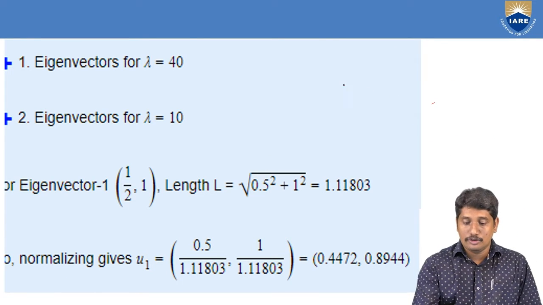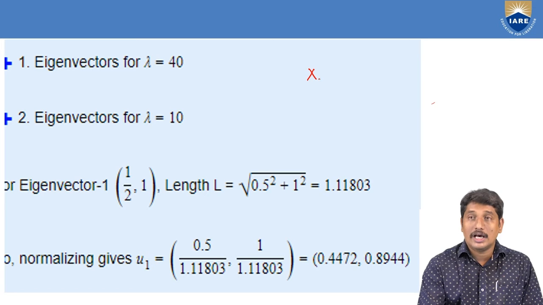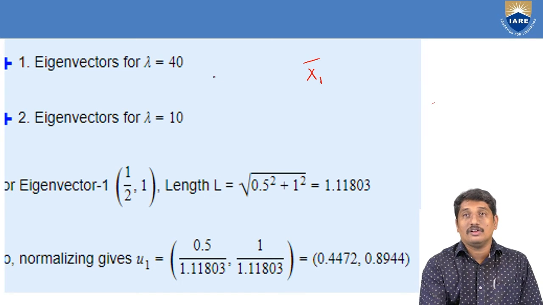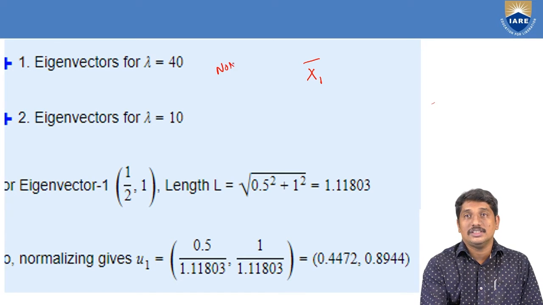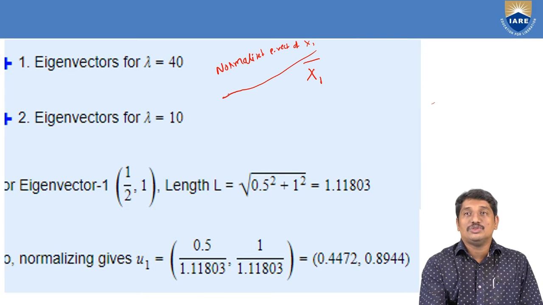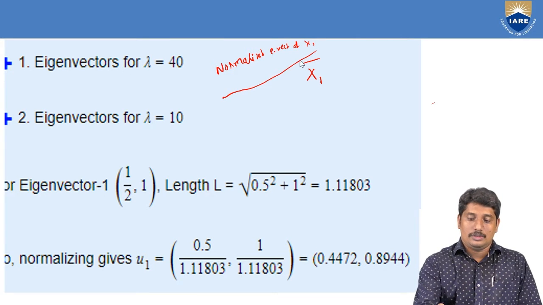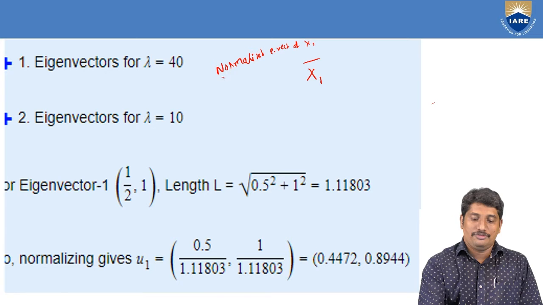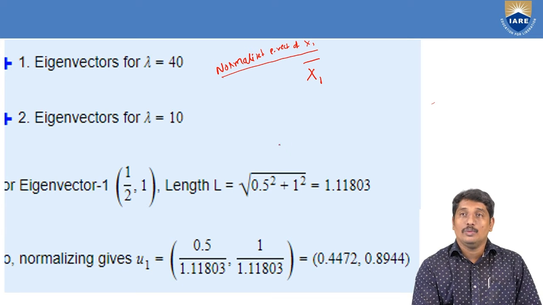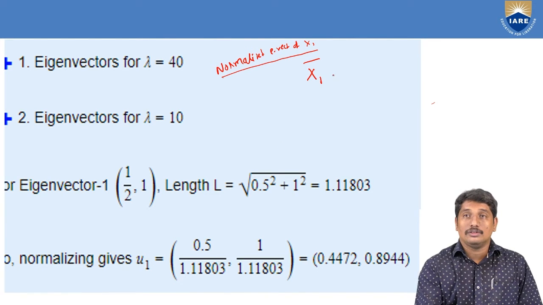Okay, now after doing this, we are going to calculate the normalized eigenvector. That means if x1 is an eigenvector, then x1 bar is its normalized version. Let us calculate x1 bar.